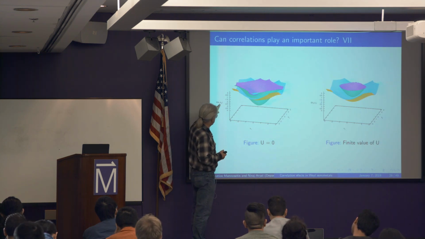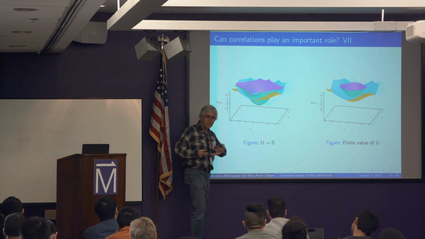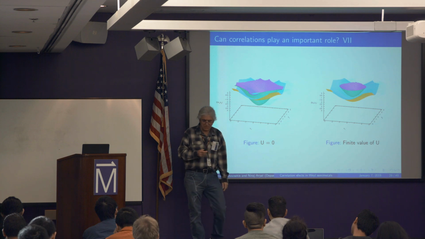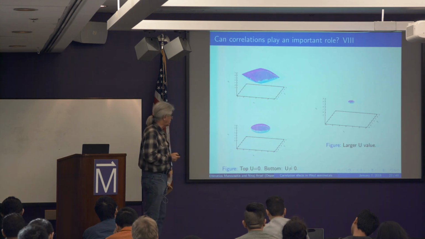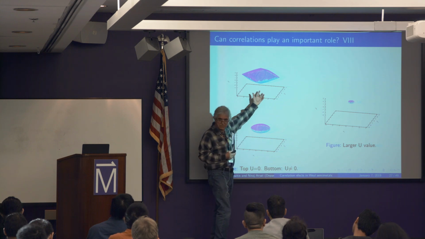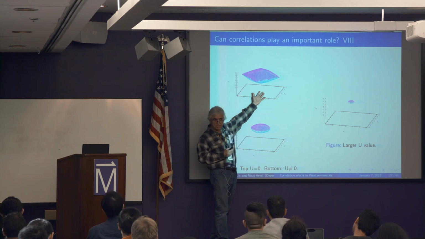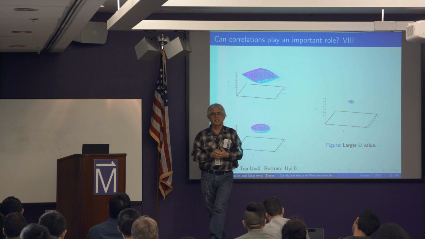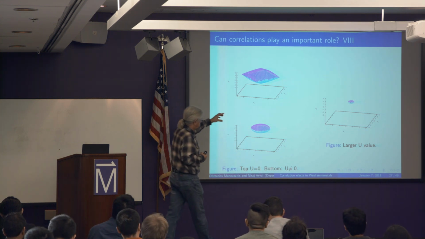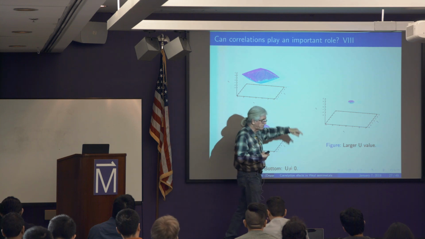Here I can plot E of k_x, k_y because I am only in 2 dimensions. In 3 dimensions, I can only plot the intersection, that surface that intersects. And now if I crank u, this intersection becomes smaller, and then it vanishes at some point.